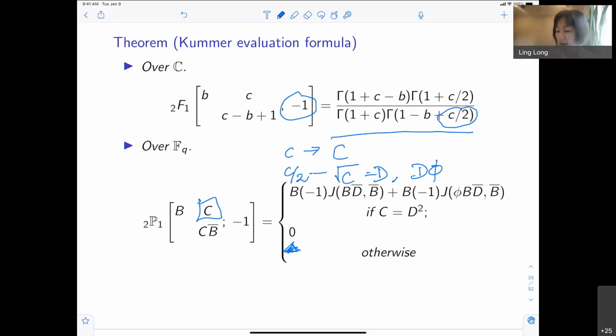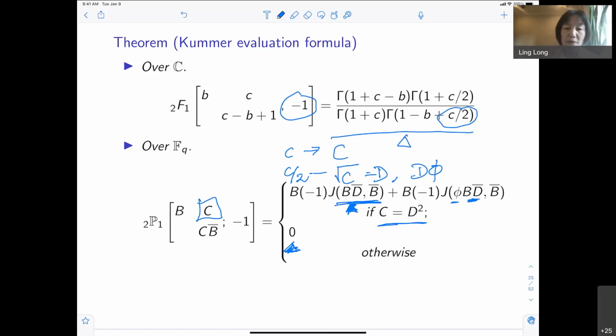If it is a square, then there are two ways I can translate the formula up here. One will be in terms of this very explicit Jacobi sum. And keep in mind that delta, the D over here, the square root, does have two choices. So the other choice will be phi of D bar.